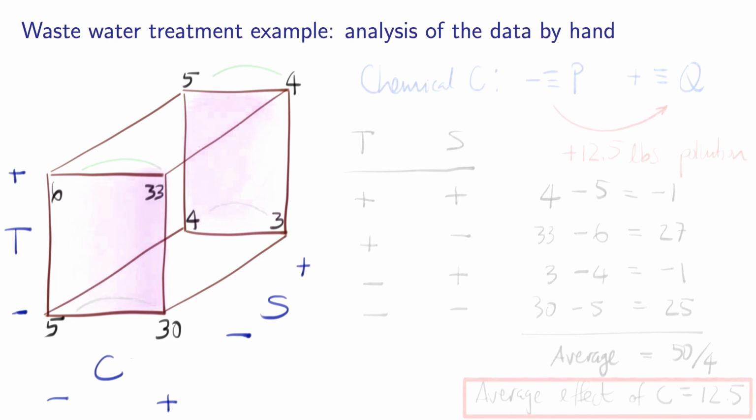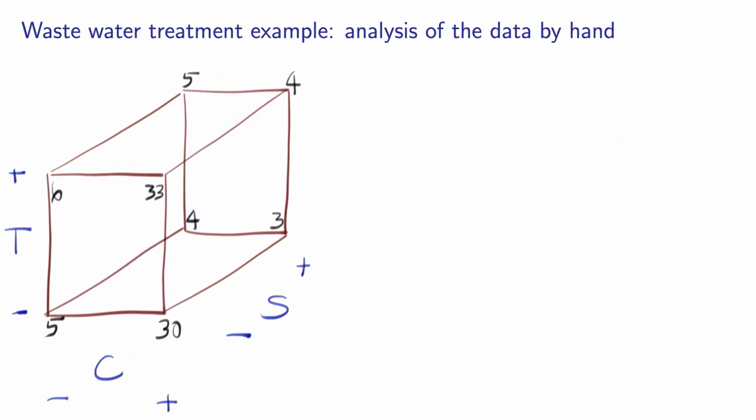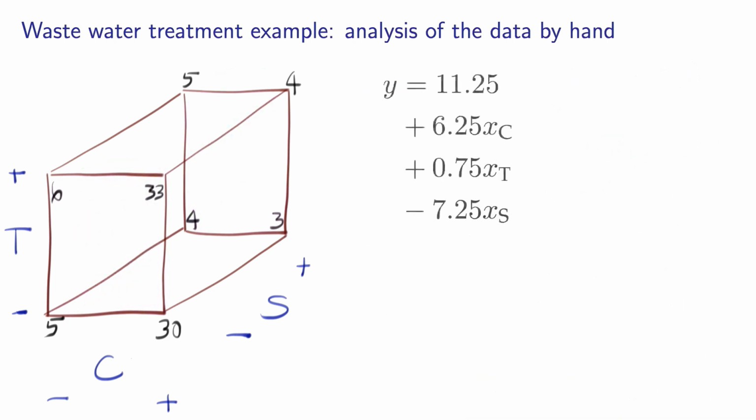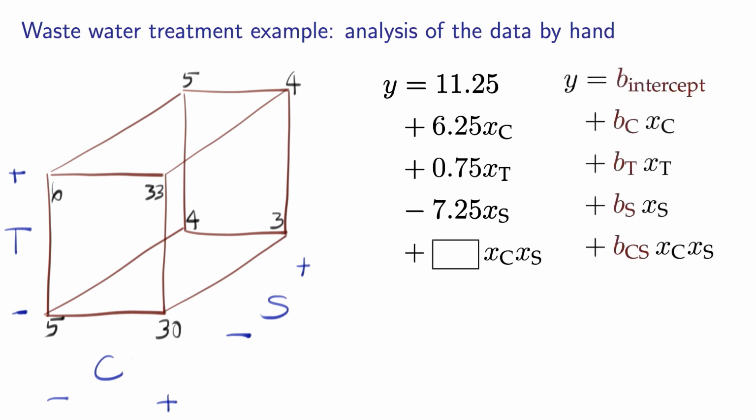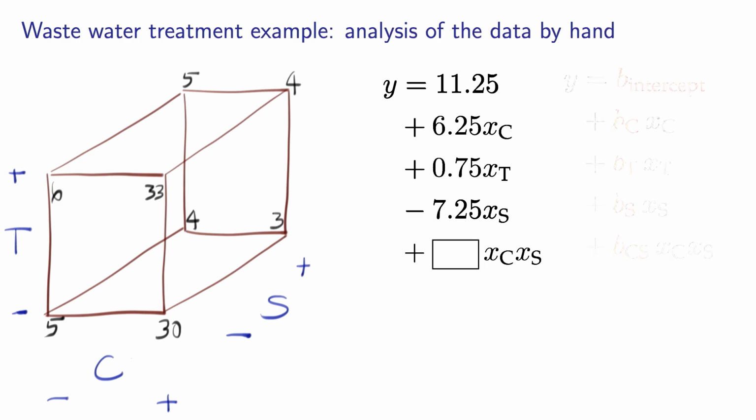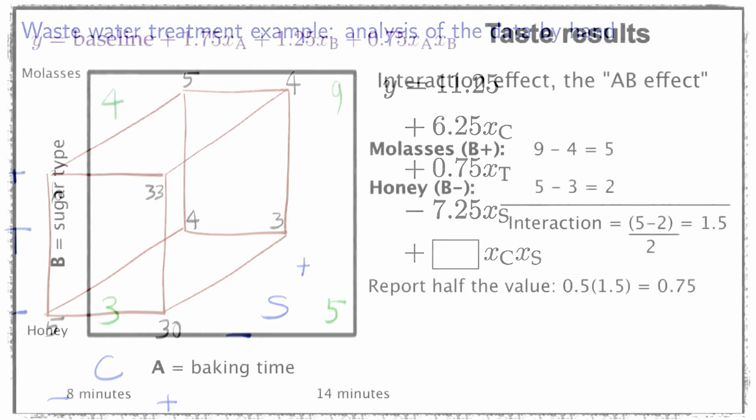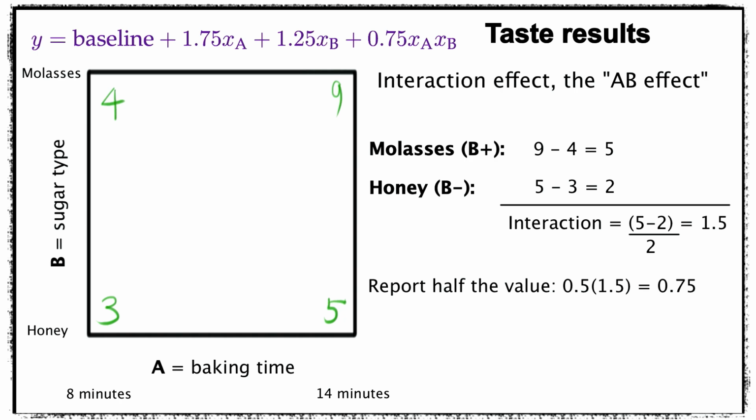How do we quantify this? Well, like we did in class 2C, we have to add a new term to our prediction model. And that term, the BCS, is multiplied by XC and XS. But how do we calculate that BCS value? Let's follow the same idea as we did in class 2C.